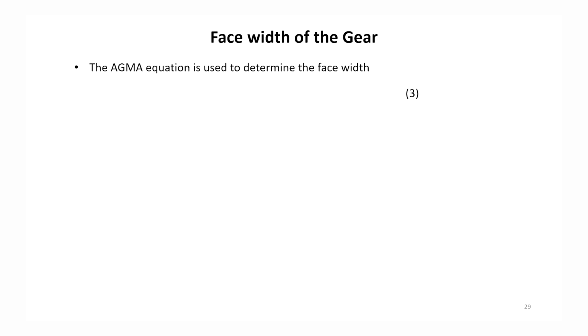Now, face width of the gear. The AGMA equation is used to determine the face width of the gear, and the AGMA equation is this one. WGT is equal to this one. We had already obtained the Cs, Cm, Cv and Dm. So we can find the face width of the gear.